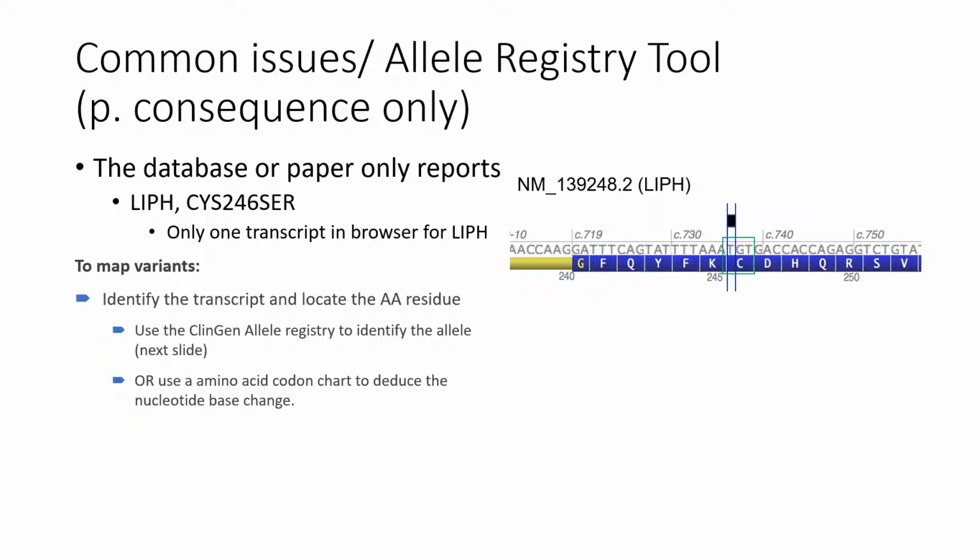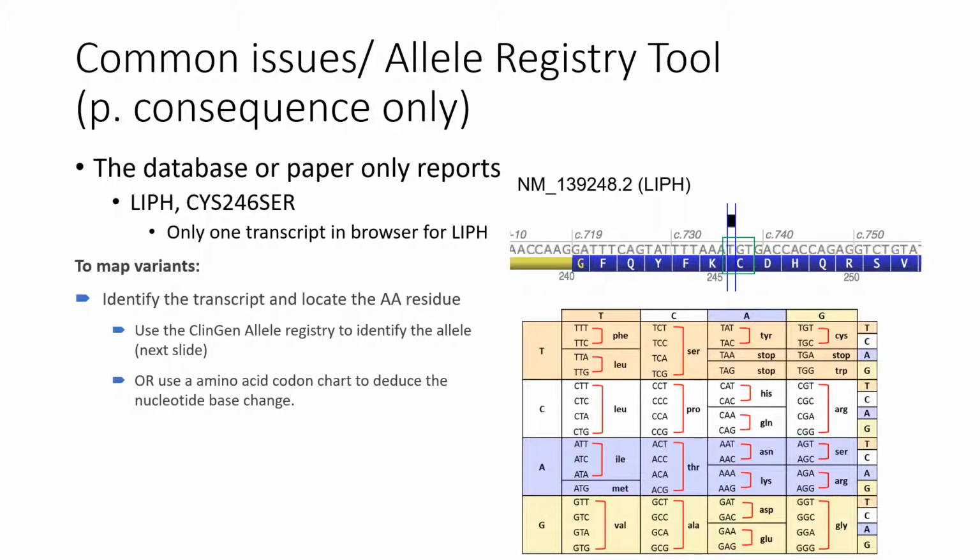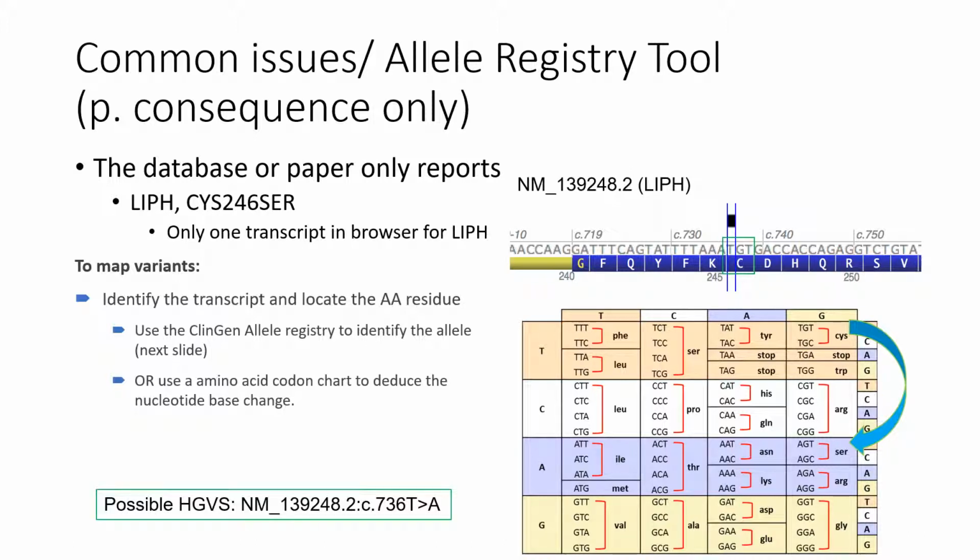So if we identify the amino acid position here, C246, we see that the sequence is a TGT, and we take that to our amino acid codon chart and we look at the cysteine and we bring it down to the serine, we can see that conceivably a T to A transition at c.736 would convert the cysteine to a serine at this amino acid position.